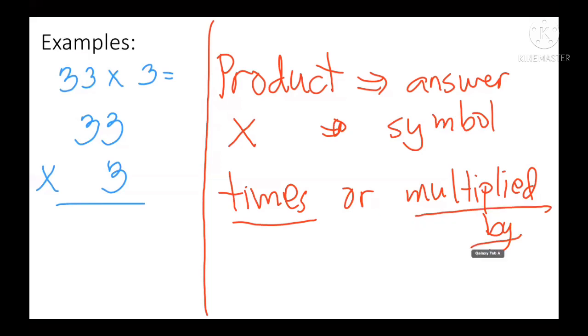Those are just the same. So if someone asks you about times and multiplied by, you will say, oh, I know that one is multiplication. Those are just a review. I already gave you this one when you were in P3. Am I correct? Good. Now let's answer the question.